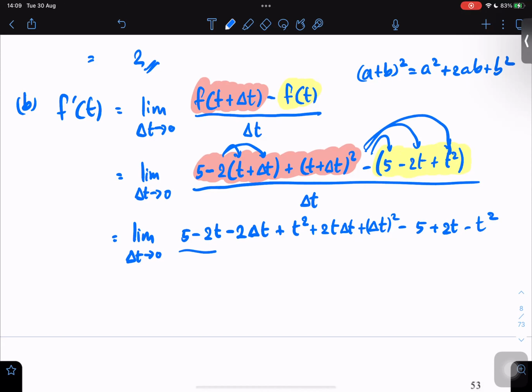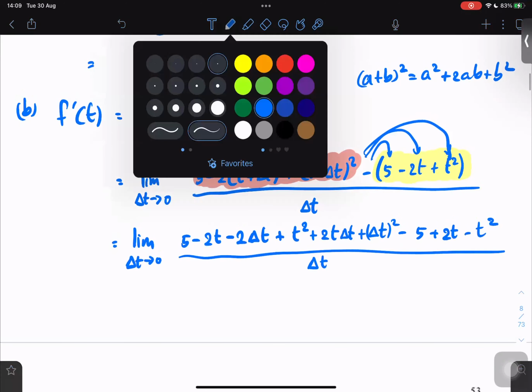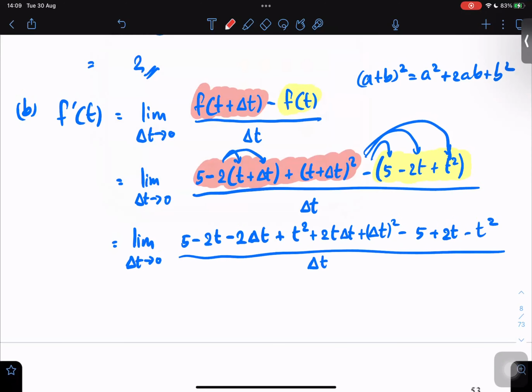Over delta t. Now you need to find the same components. So 5 and minus 5 cancel. Minus 2t and plus 2t cancel. t squared and minus t squared cancel.